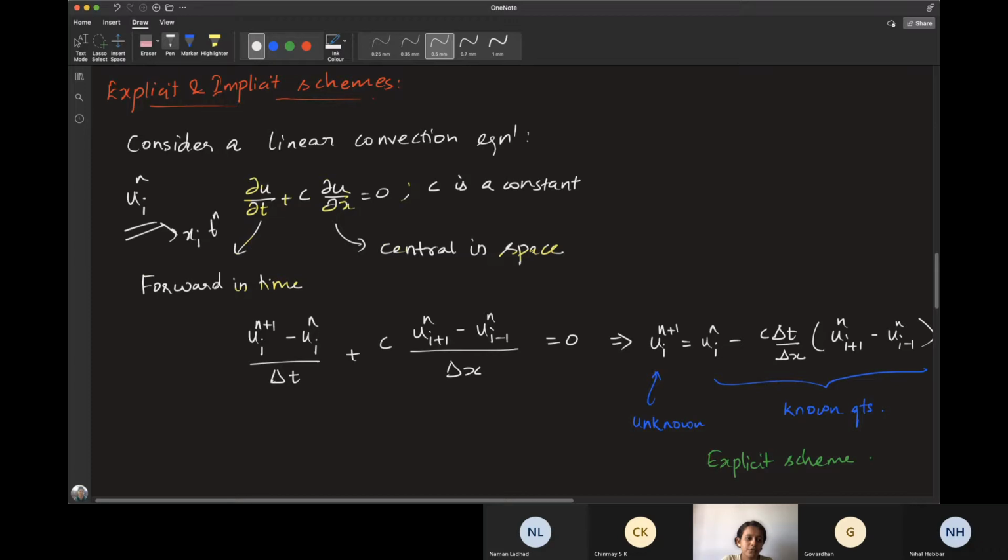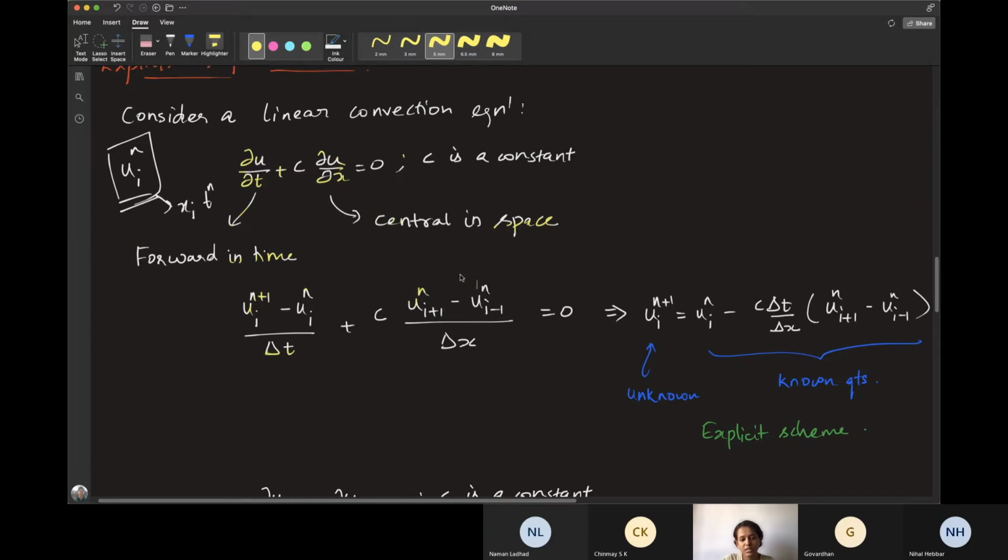So now when you do forward in time, you look at ui n plus 1. So this is forward in time. And when you do central in space, it's with respect to ui n, it's going to be something like this.